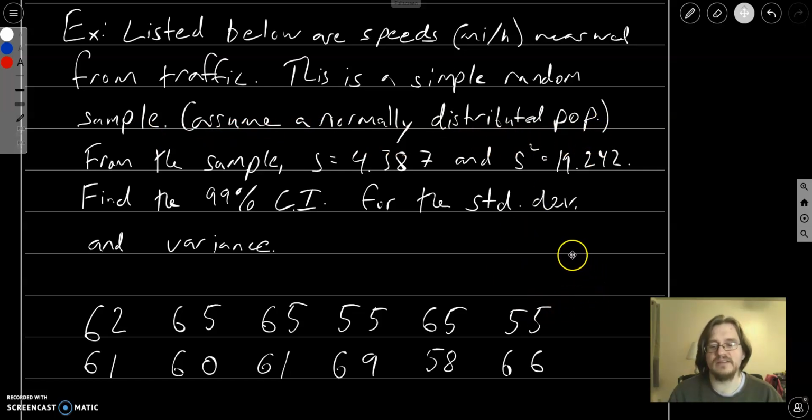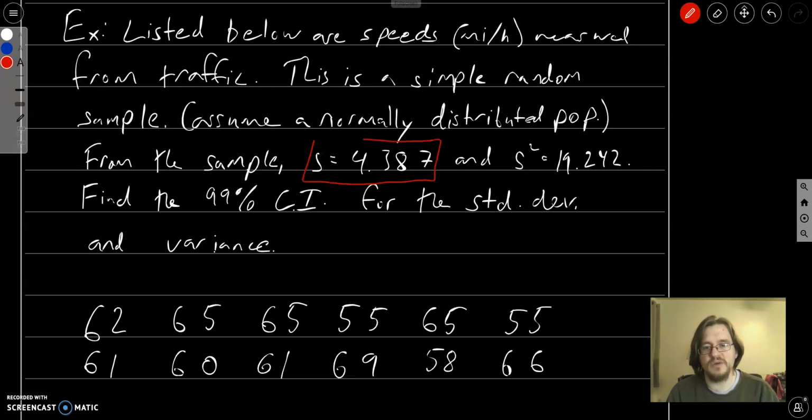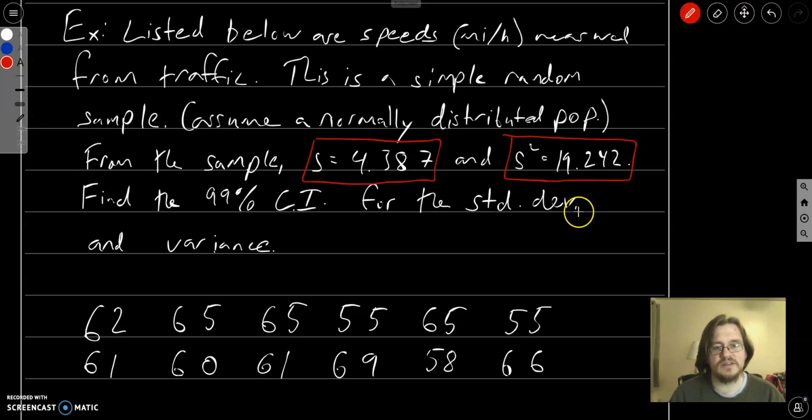So we'll assume that the speeds of cars driving by are going to be normally distributed. From the sample, they tell us that the standard deviation of the sample is 4.387, and the variance is 19.242. And we are being asked to construct a 99% confidence interval.